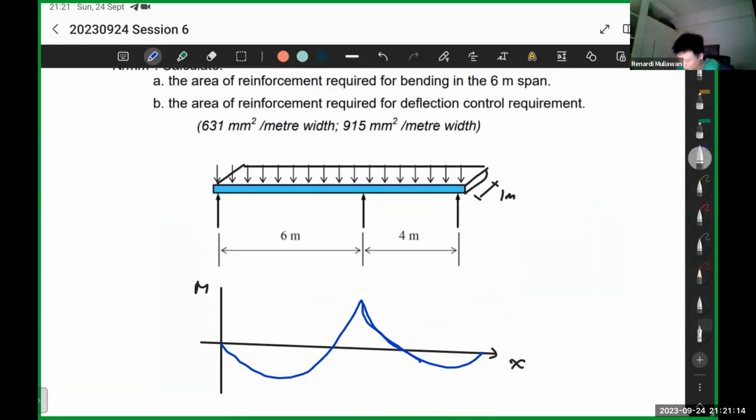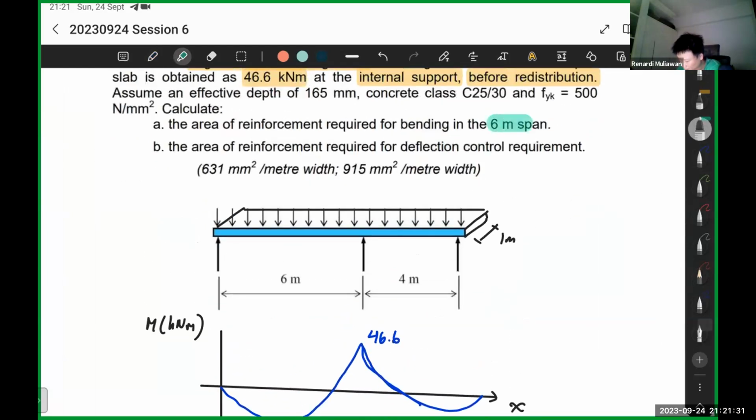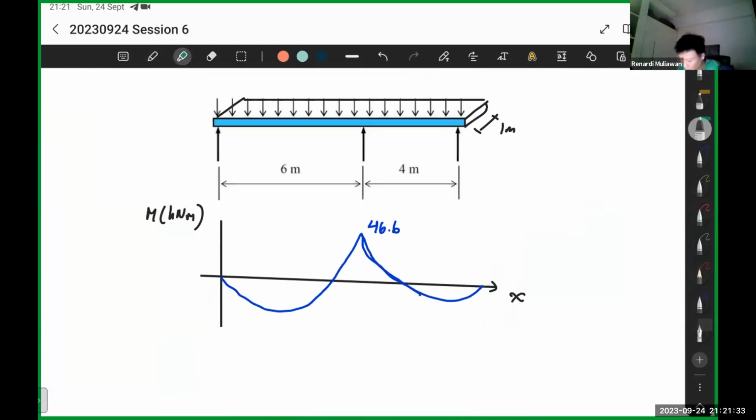It means the internal support is this one, so this moment is 46.6 kilonewton meters. Let's say you want to design for the 6 meter span. You need to find the moment here, and you need to find the moment after redistribution somehow.